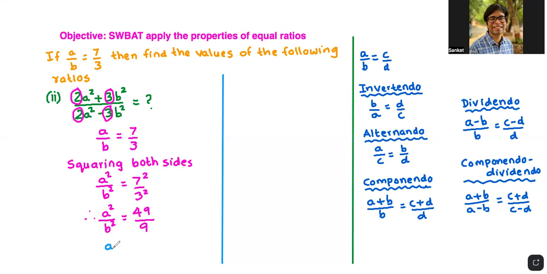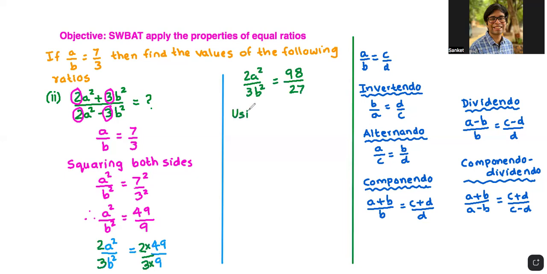So here I'm going to write my original ratio first and multiply this with 2. Immediately I need to multiply the right hand side with 2 as well. Multiply B square with 3. Do the same thing on the right hand side. So I get 2A square upon 3B square is equal to 2 times 49 is 98 upon 27. Now can I apply componendo dividendo?